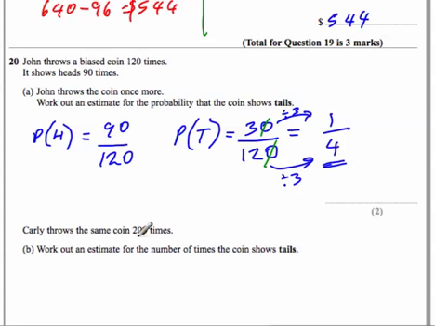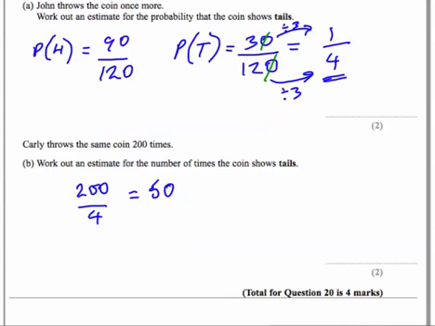So in other words, all we need to do is find a quarter of 200, isn't it? You can either divide by 4, or times by a quarter, whichever way you want to do it. But either way, you will get 50. So we would expect to get 50 tails.